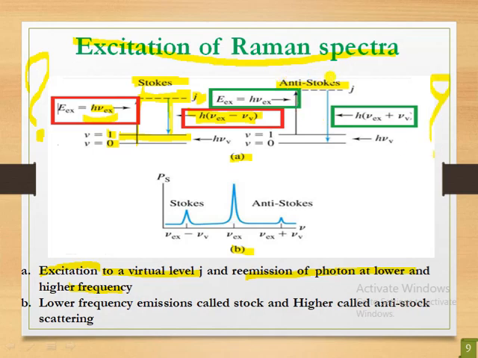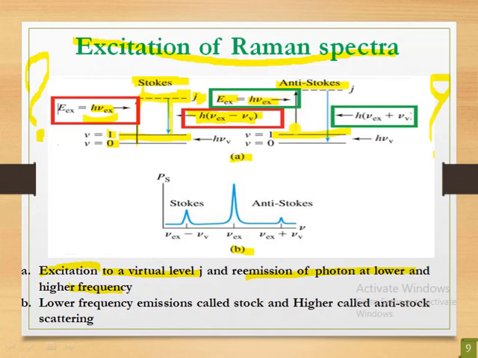So in the anti-Stokes line, we are applying the same energy, you can say hν_ex, this is the excitation energy. First, some molecules are present over here in the vibrational excited state. So when we apply energy, what happened?